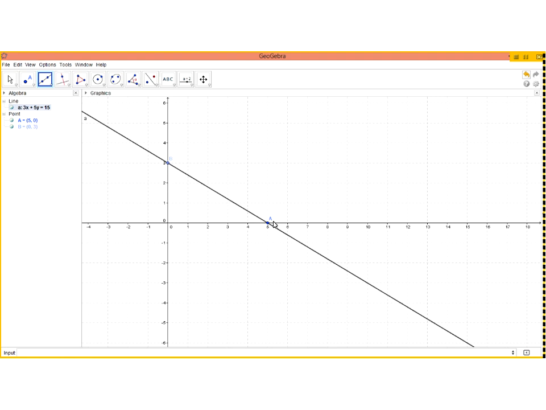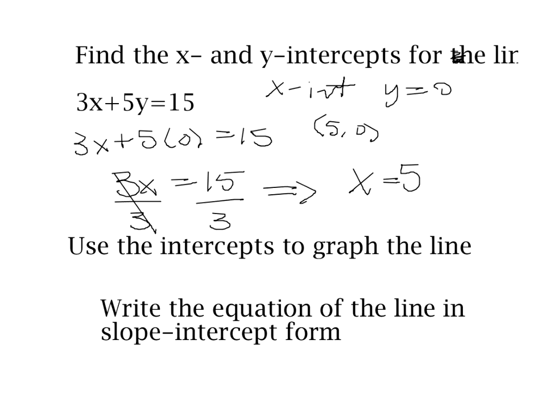It rises 3 and runs 5, and it's downhill, so that would be negative 3/5. If there were common factors, I would reduce it.